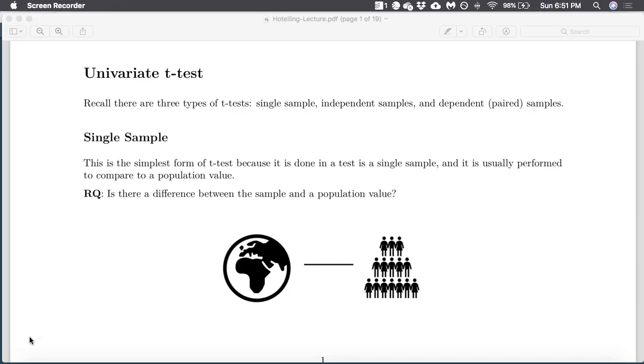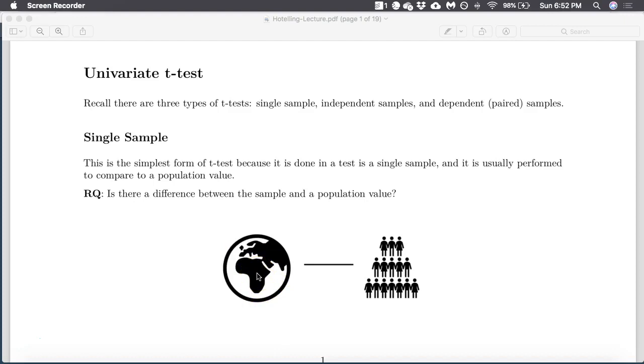The simplest one is the single sample. It's often overlooked. I personally don't always cover it. It's just comparing whatever mean value you have in your sample to a population value. So I get the mean from my sample, and then I compare it to whatever's in the population. And the population value can be something you get from the literature.